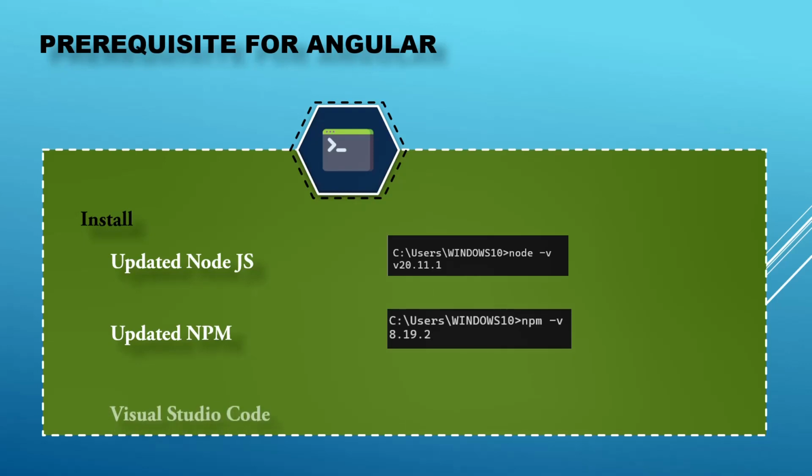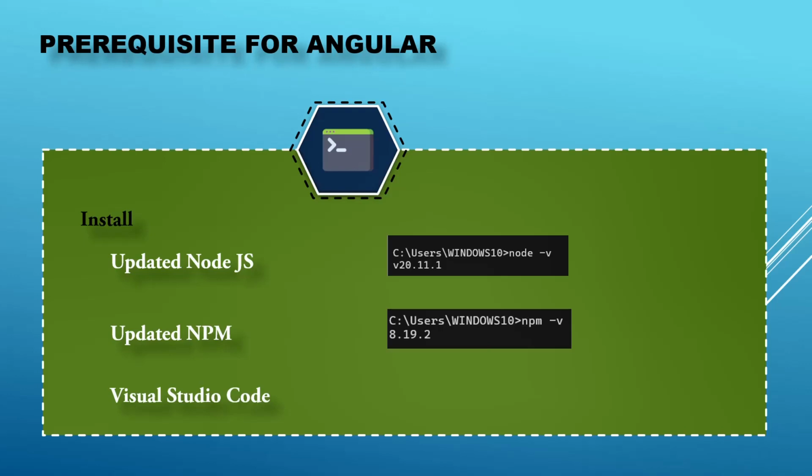So this is the updated version, and the next thing you require is Visual Studio Code. It gives a good representation of your code, and you will have multiple things there in Visual Studio Code. All the UI developers suggest using Visual Studio Code only.